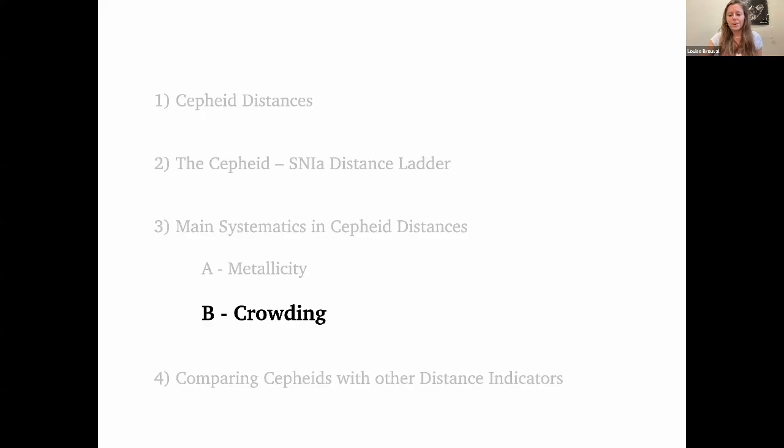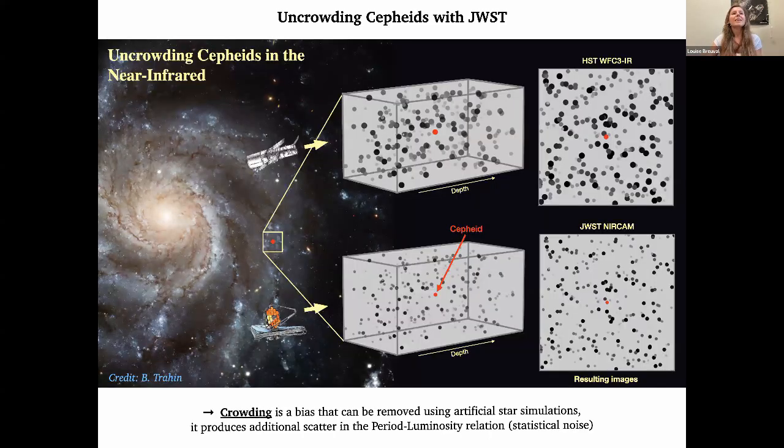All right, so the second systematic I'd like to discuss is the crowding. So this is how HST and JWST observe Cepheids in supernova hosts. HST is more sensitive to the background and the surrounding stars around the Cepheid, while JWST can resolve the nearby stars much better. So crowding is a bias that used to be corrected for before JWST using artificial star simulation.